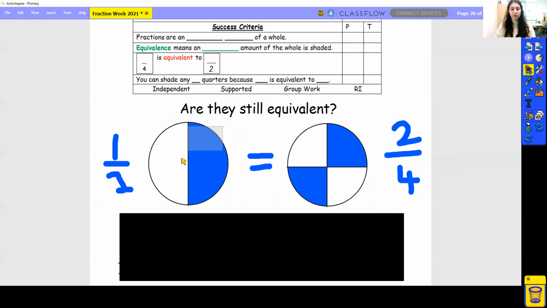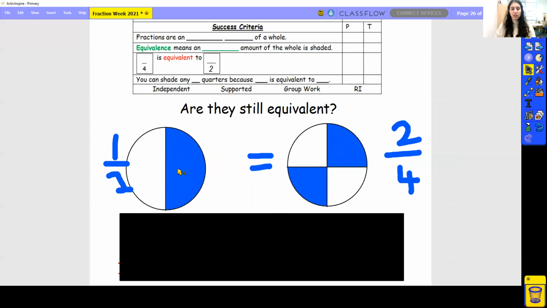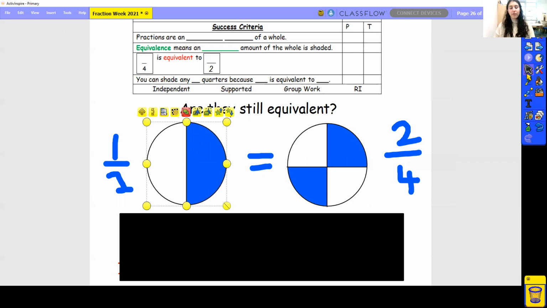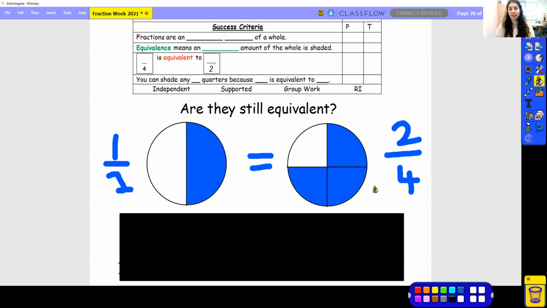What about this now? Are they still equivalent? Well, hopefully you should have said, yes, they are still equivalent. Because remember yesterday when we were shading in the different parts of the shape, we said that when we have 2/4, we can choose to shade any of those 2/4.